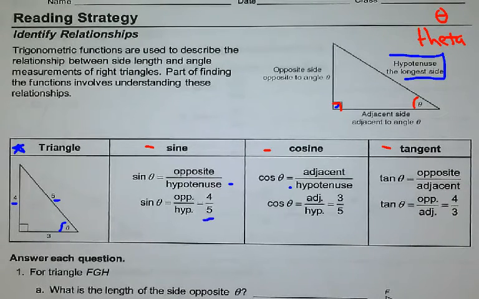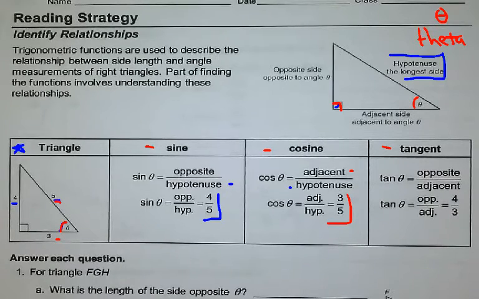Now then, if we were dealing with cosine, cosine has to be the adjacent side divided by the hypotenuse. Adjacent means the side that touches the angle. So for this angle, 3 is the adjacent side, and that's why this one is 3/5.